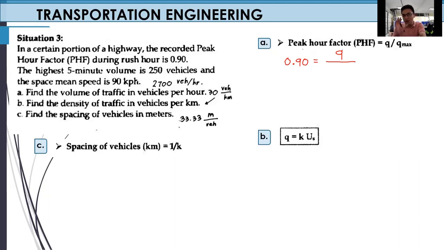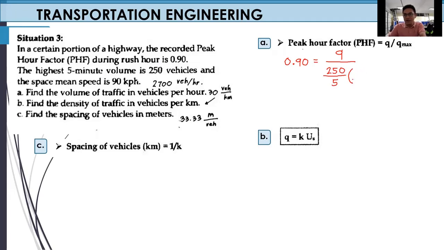So therefore, number of vehicles divided by time. Volume of vehicles per hour. Ayan siya. So per hour yung kukunin natin. So here we have 250 vehicles, number of vehicles divided by 5 minutes, or time itself. So therefore, we need to convert that one into hours.